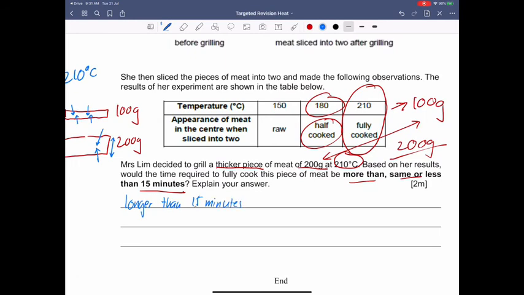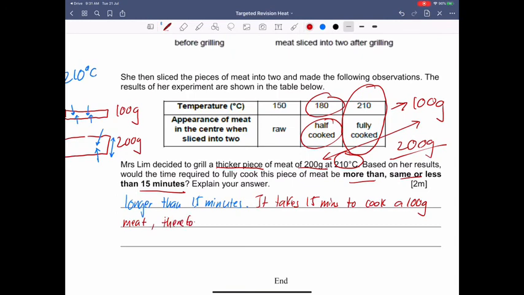Now, then you are asked to explain your answer, correct? So the first thing you need to tell me is that it takes 15 minutes to cook 100 gram meat.